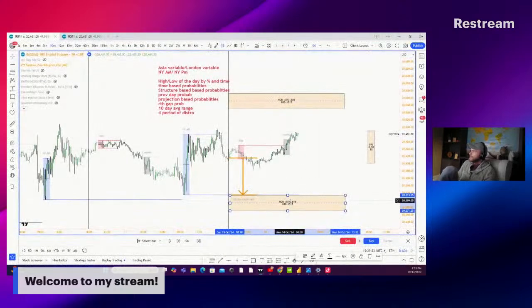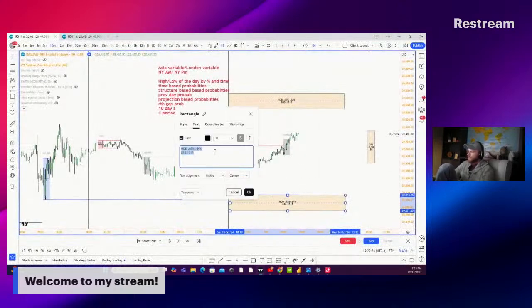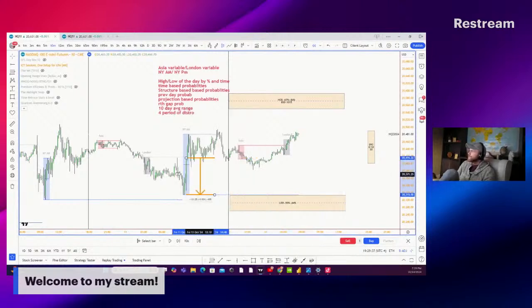All right, so we'll just say this is low of day from 0.5% to 0.64%, right there.